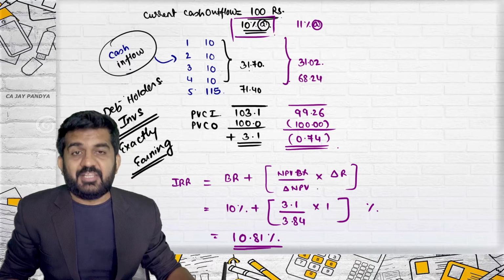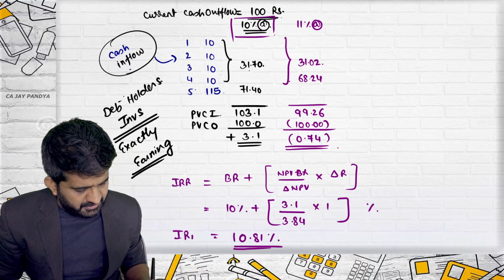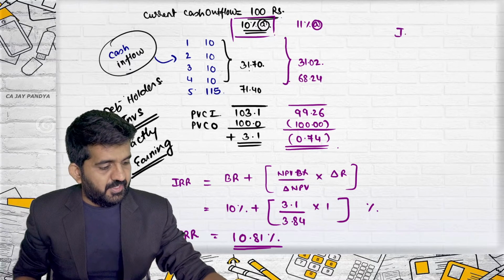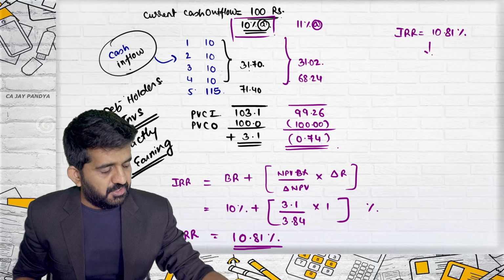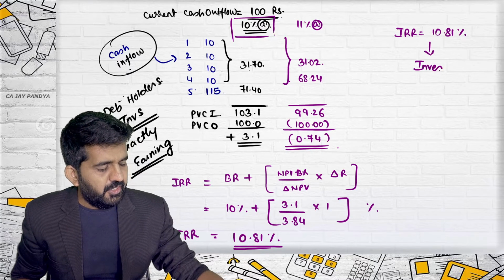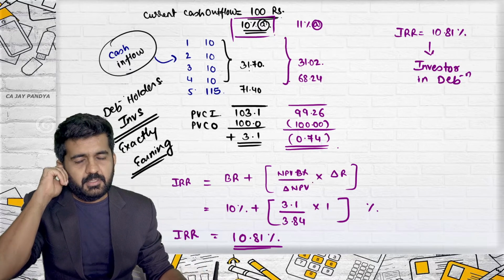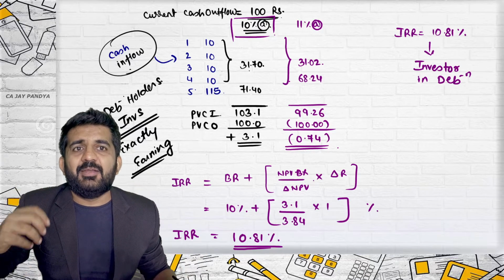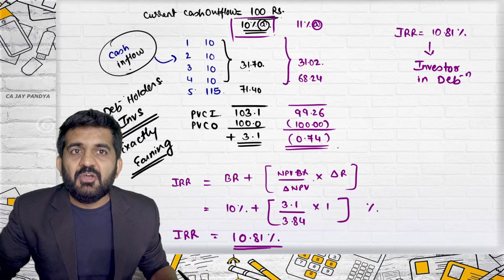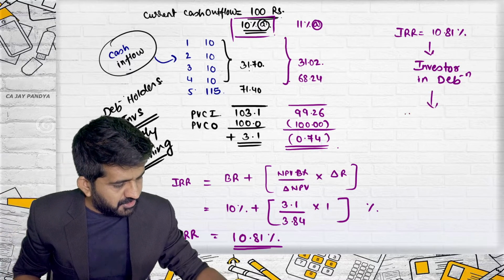Don't ask me, sir, where this formula came from. We have derived this formula. This is IRR for the investor. IRR is 10.81% for an investor in debentures. See, if from one product you are earning 10.81%, from that product my cost will be 10.81%.